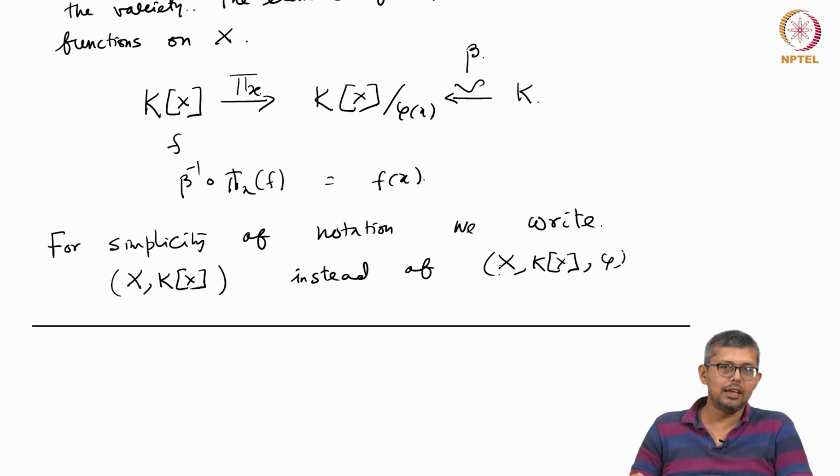If I have a set, giving an algebraic structure means I give a finitely generated k algebra kx such that it has a bijection of the maximal ideals with the underlying set.